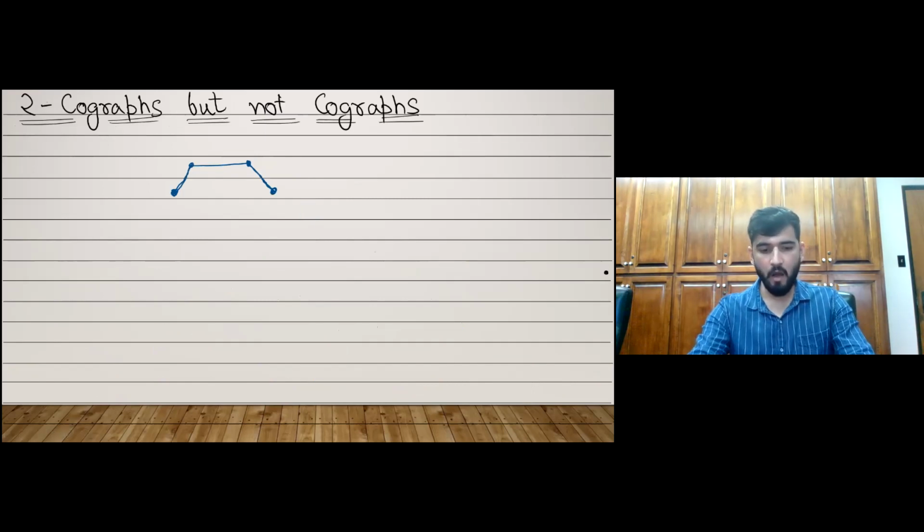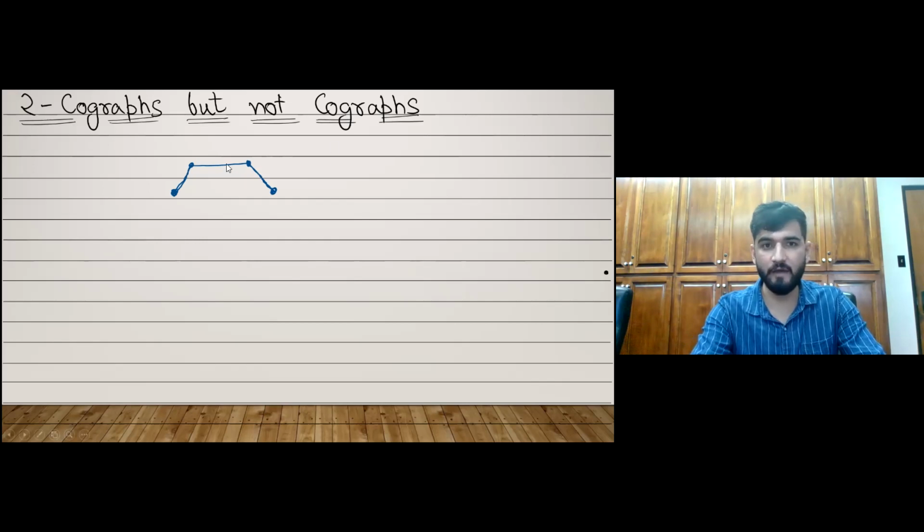Now, another question: examples of two-cographs that are not cographs. Let's look at this graph. This graph is self-complementary and connected. So can this be a cograph? A cograph cannot have an induced subgraph such that the induced subgraph and its complement are both connected. But this graph and its complement are connected.